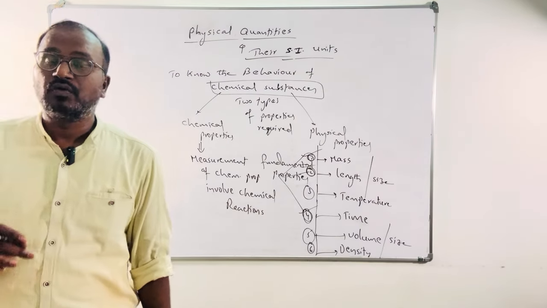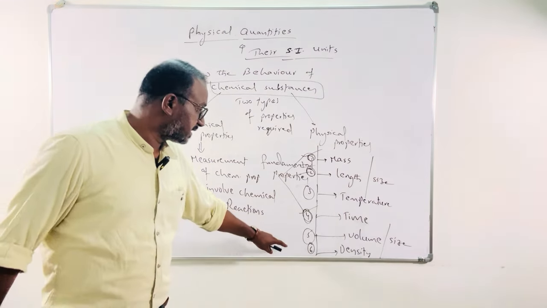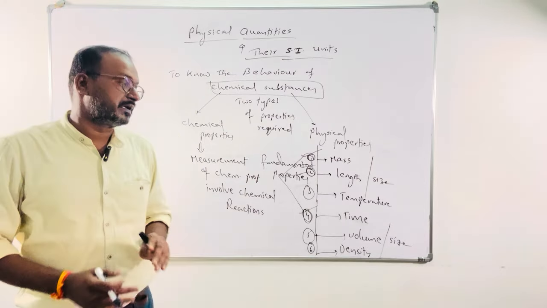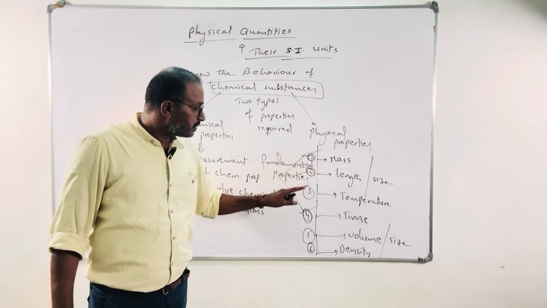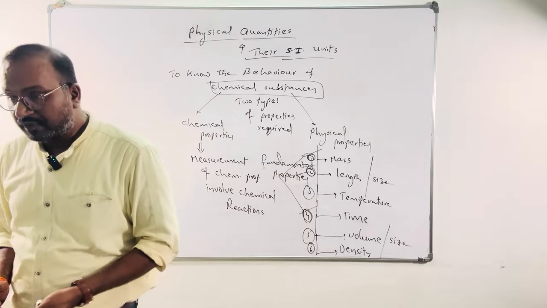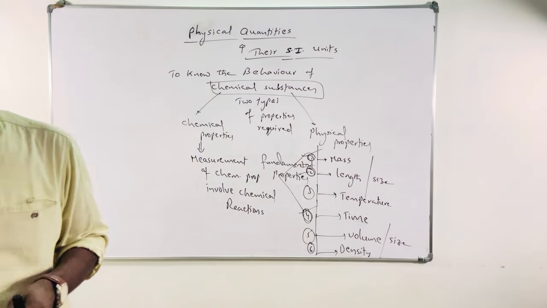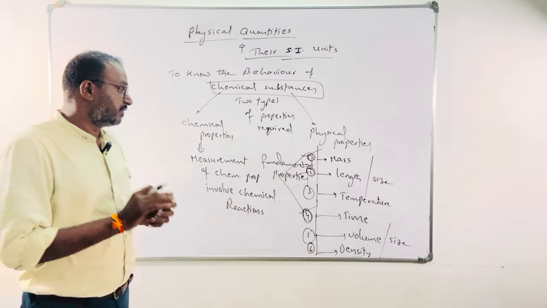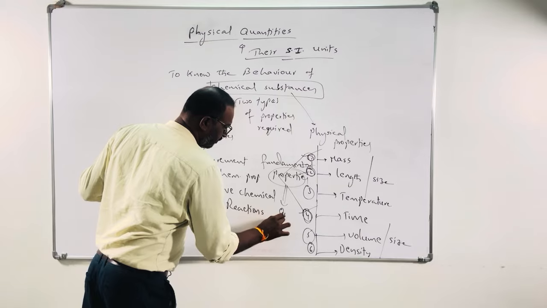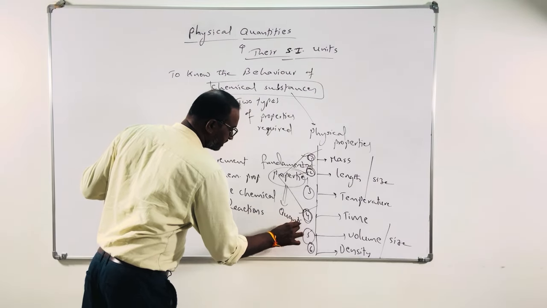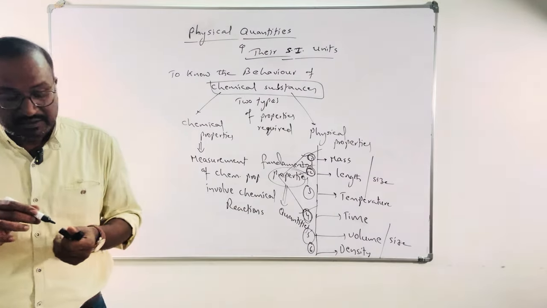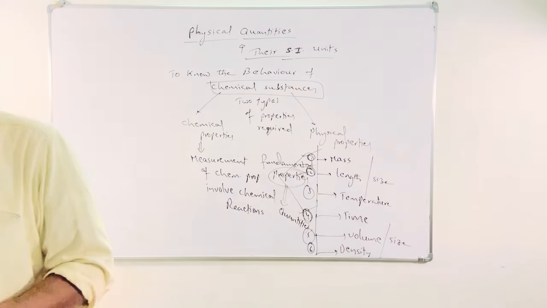You should know what they are. There are many physical properties, and I'm writing six properties here. Mass, length, time are called fundamental physical quantities, or fundamental physical properties.